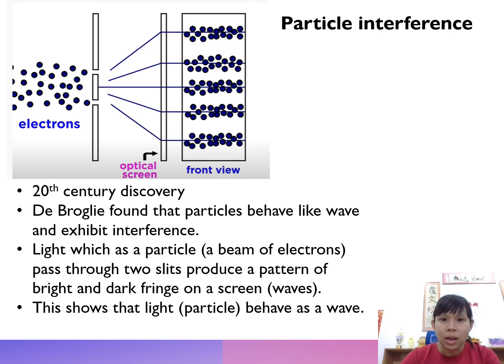So what we are able to see from this slide is that a beam of electrons passes through two slits, and then it produces a pattern of bright and dark fringes on the screen. From here we are able to see that the electron behaves as a wave. This is what he was able to find.